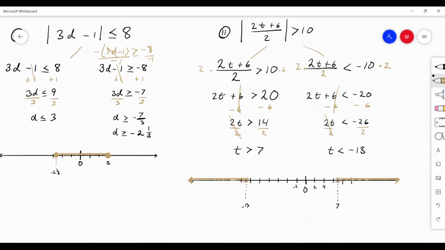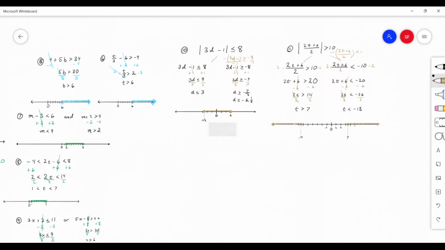On this one, it's (2t plus 6) over 2 times negative, is less than 10. So you could divide by -1 again. Those cancel. If you distribute, it would distribute on everything, so it'd be negative 2t minus 6 over -2. Yep, if you did it that way. I wouldn't do it that way, but you sure can. There's nothing wrong with it.